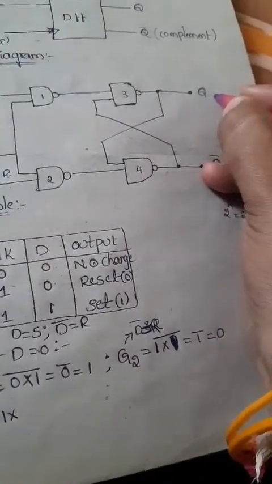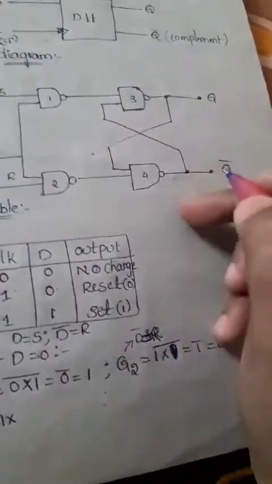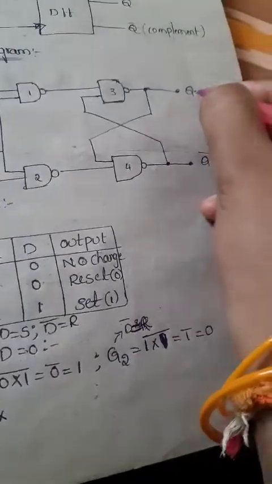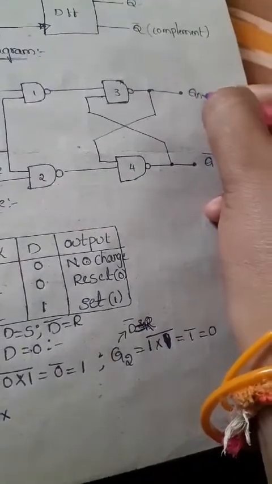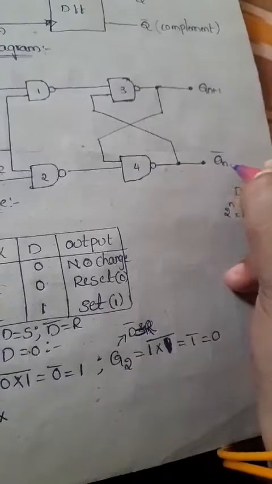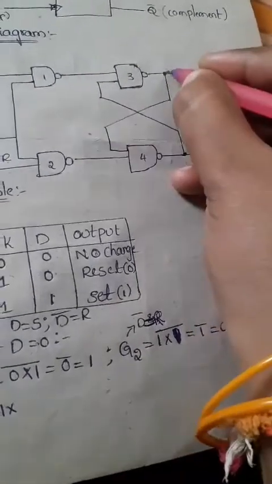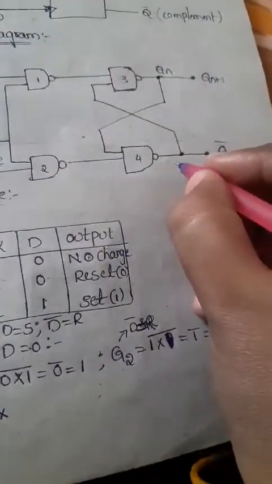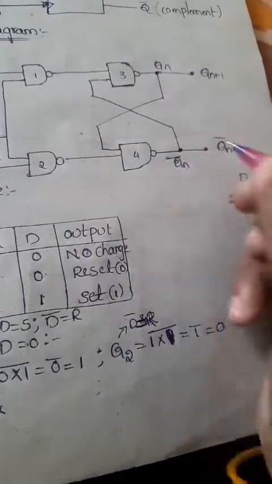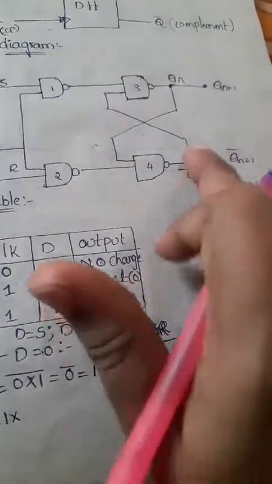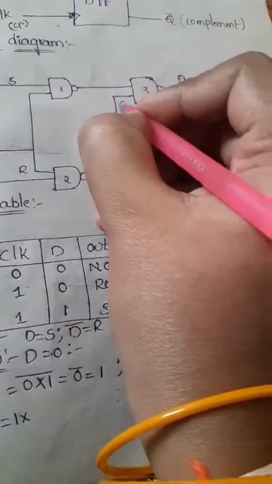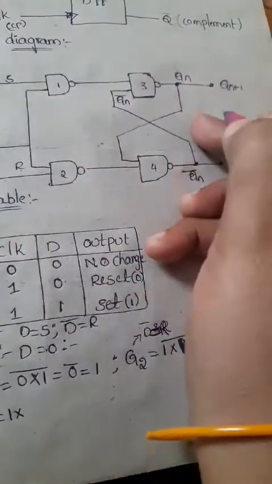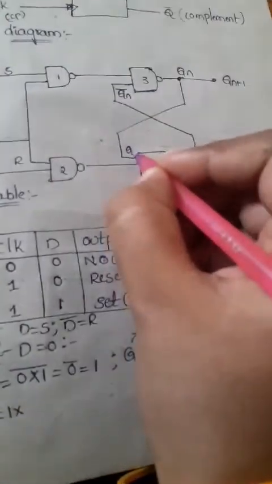This may be considered as the next state value, and this input you have to consider as the present state value. So the present state, nth state, and the next stage, n plus 1, we can consider as the next state. So Qn complement will be taken from here and the Qn will be collected from here. Okay, so now these are the inputs for the third and fourth gate.